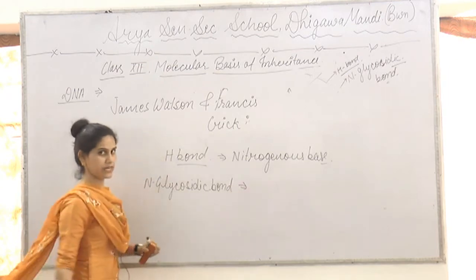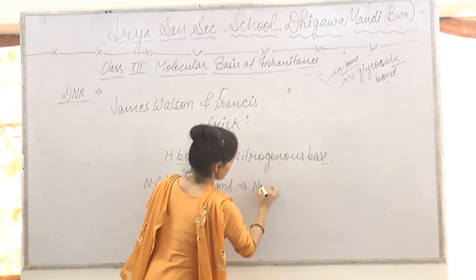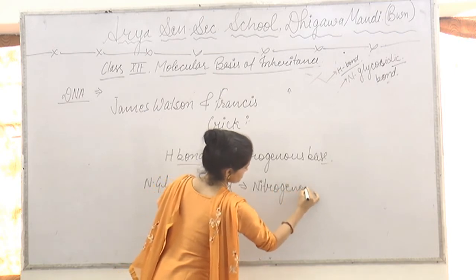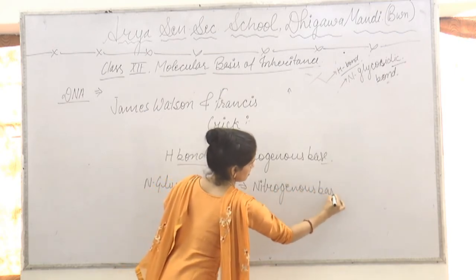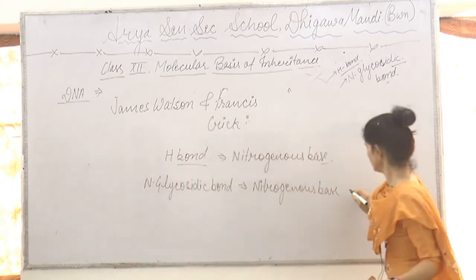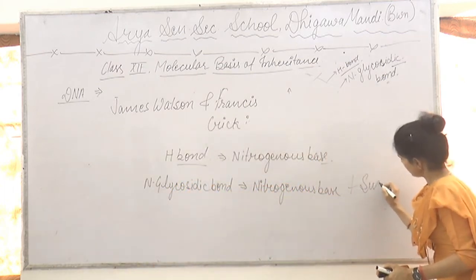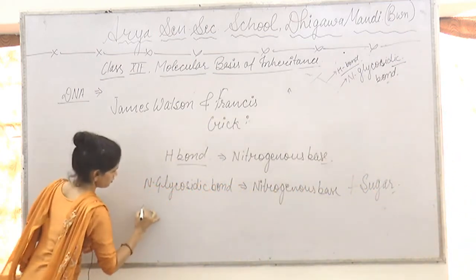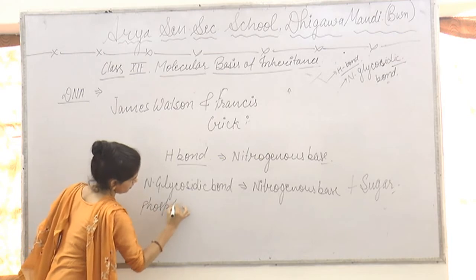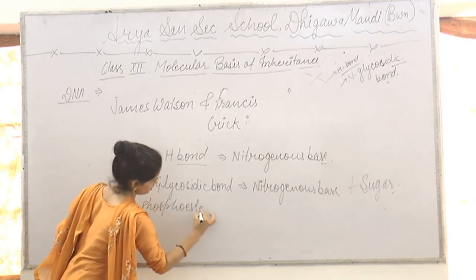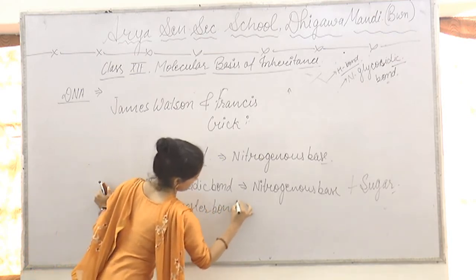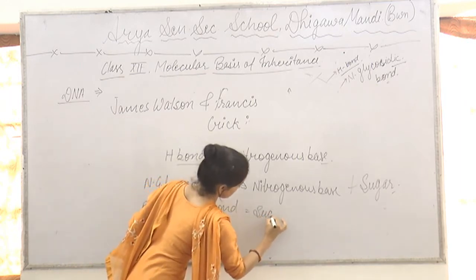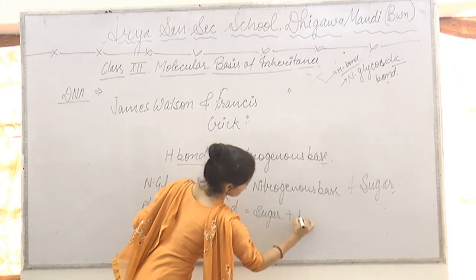This bond is present between nitrogenous base and sugar, pentose sugar. And third is phosphoester bond. This bond is present in between sugar and phosphate group.